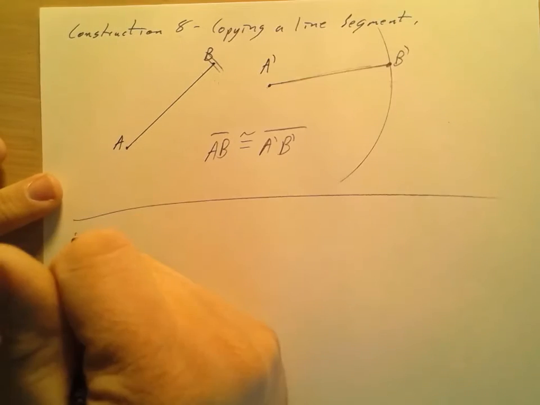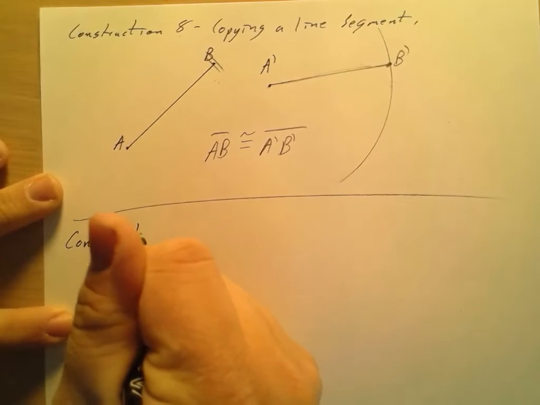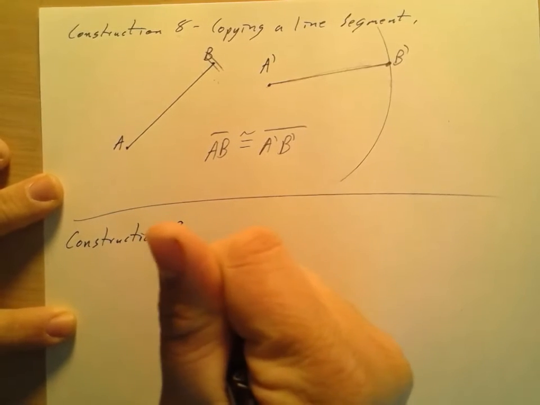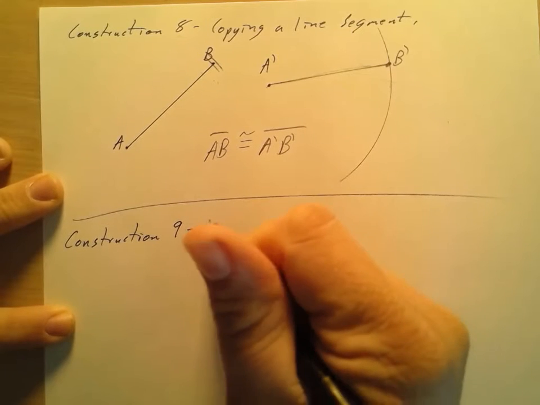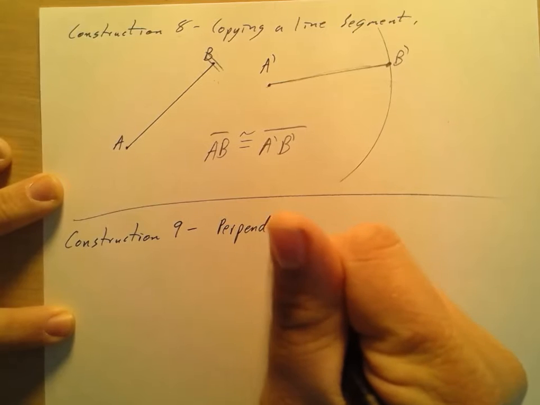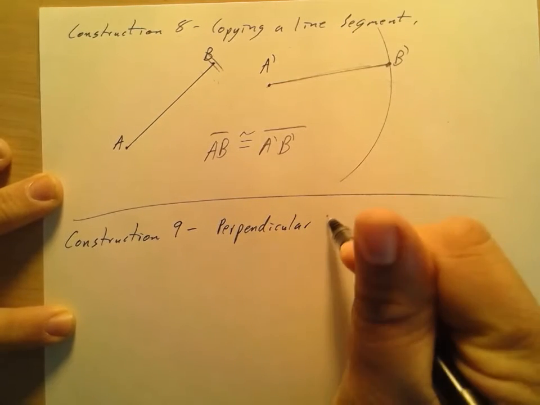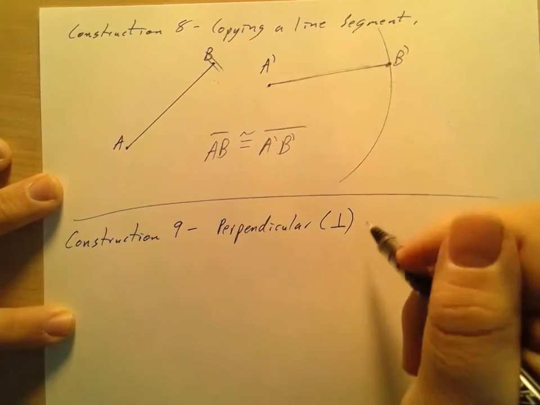Now for construction 9, this one is a perpendicular, which here's our symbol. That's a symbol for perpendicular.